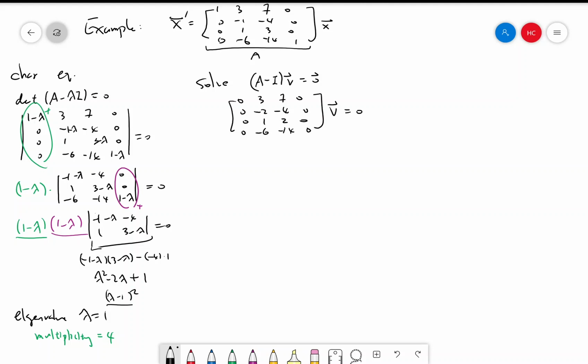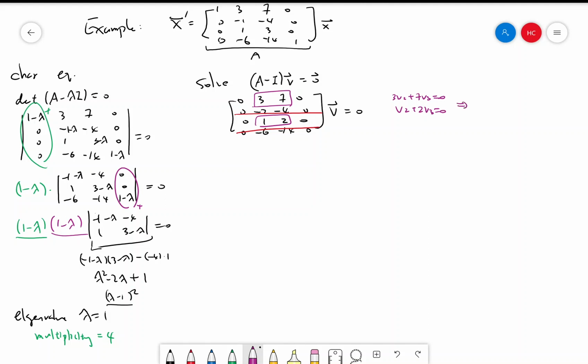Okay, so the second and the third row are dependent. The second row is the third row times negative 2, so this doesn't tell you anything. The fourth row is the first row multiplied by negative 2, doesn't tell you anything. If you look at these four parts, this tells you 3v2 plus 7v3 equal to 0, and v2 plus 2v3 equal to 0.